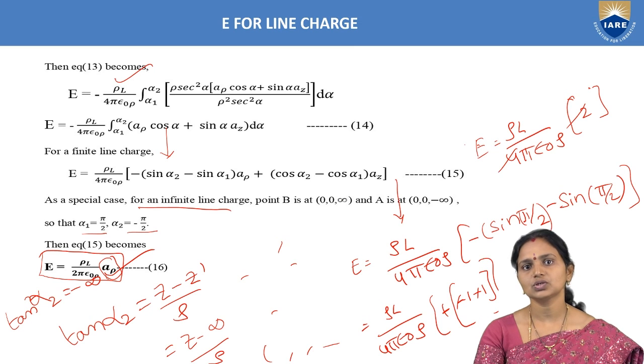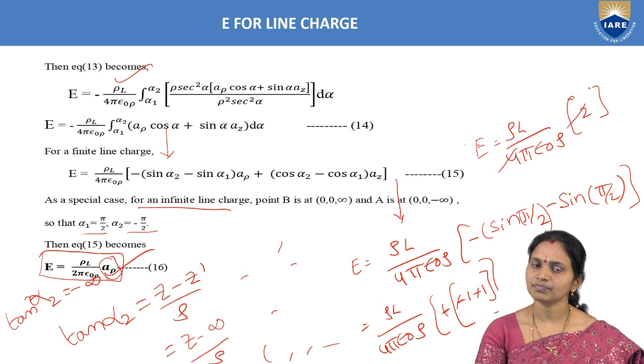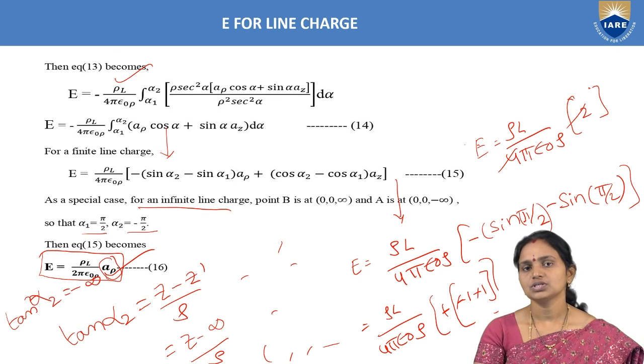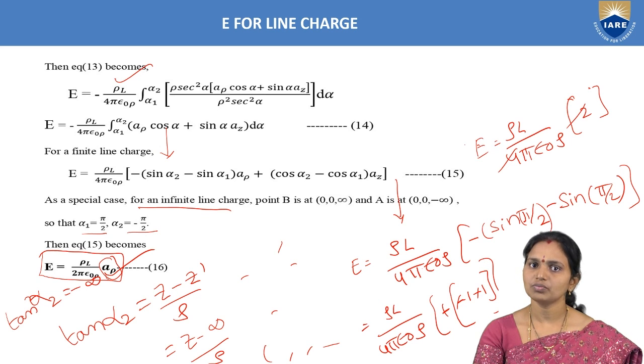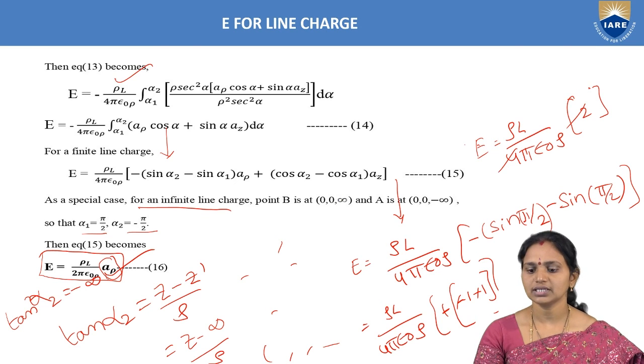By replacing that, the equation we got is E equal to integral rho L dl by 4 pi epsilon naught r square into AR. And by replacing that unit vector with the position vector by magnitude vector, the equation we have is E equal to integral rho L dl by 4 pi epsilon naught r cube into r. For both the position vector and magnitude vector, I am using the letter r, but their representations are slightly different.